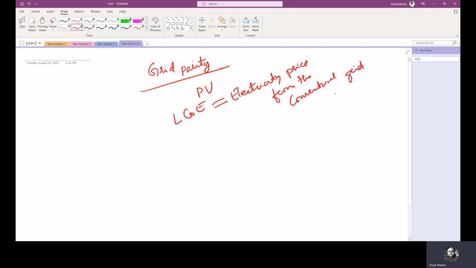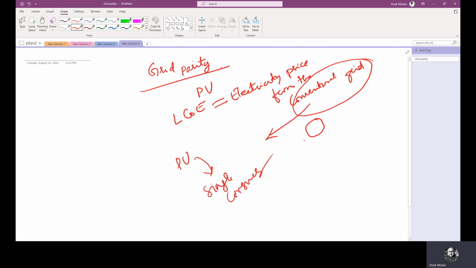So normally, what happens is the conventional grid is maintained by the utility, right? And utility has expenses for transmission and distribution. So the price of electricity from the conventional grid will include all those factors, and it would be high when compared to the PV panel, because PV panel can be owned by a single customer or an individual consumer.